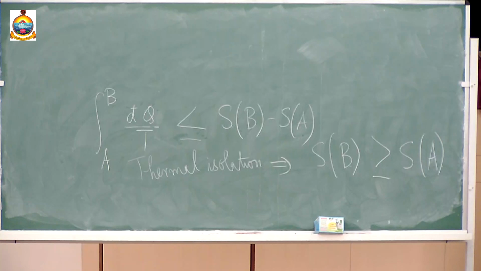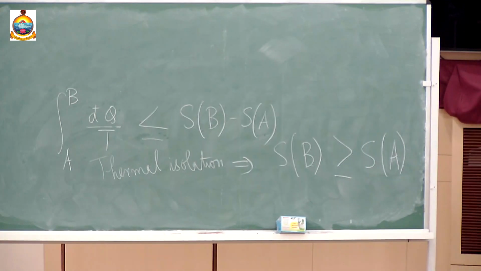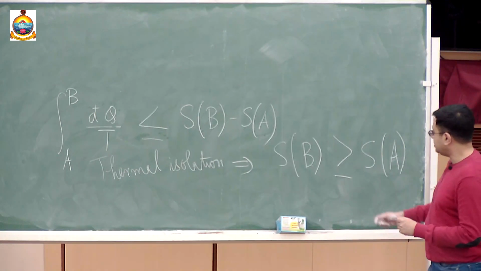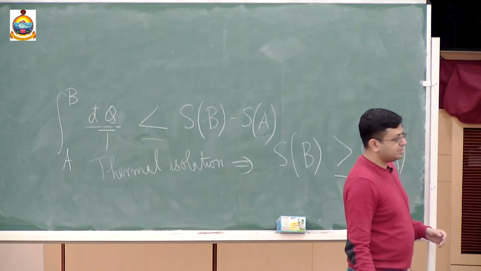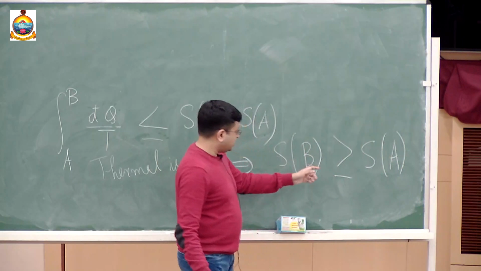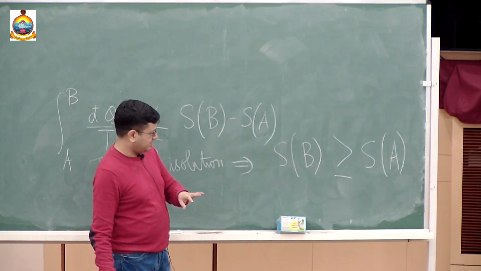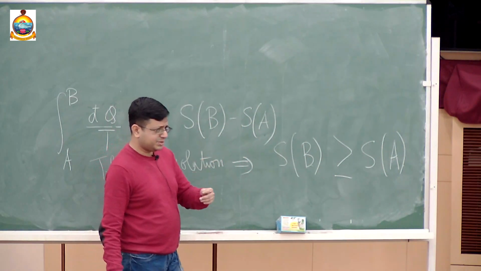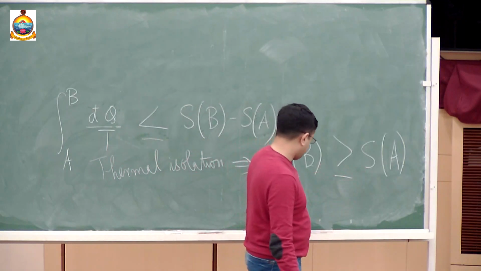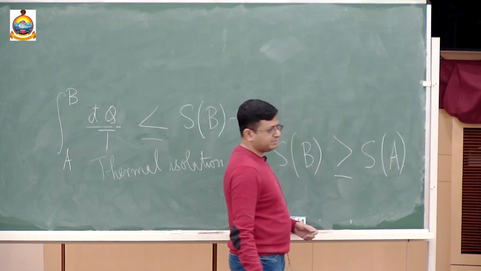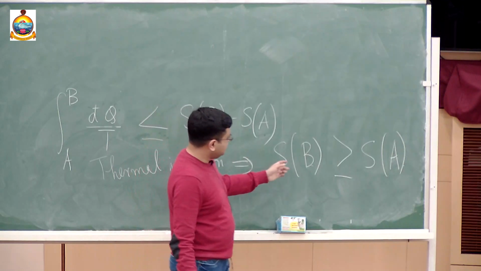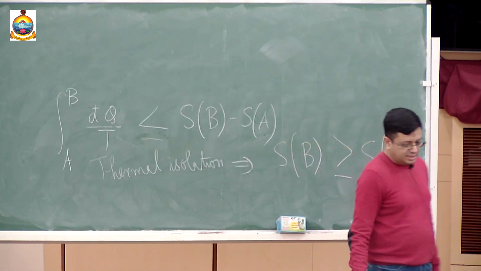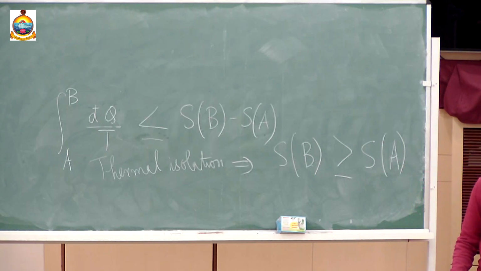So if the transformation is irreversible, taking place in thermal isolation, then the entropy of the system increases. The entropy of the final state cannot be smaller than the entropy of the initial state. Of course, if it's a reversible process, then the entropy remains the same. But if the process is irreversible, the entropy increases.